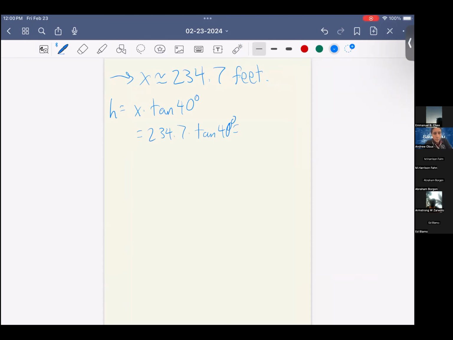which is about 196.9. This is what I have.